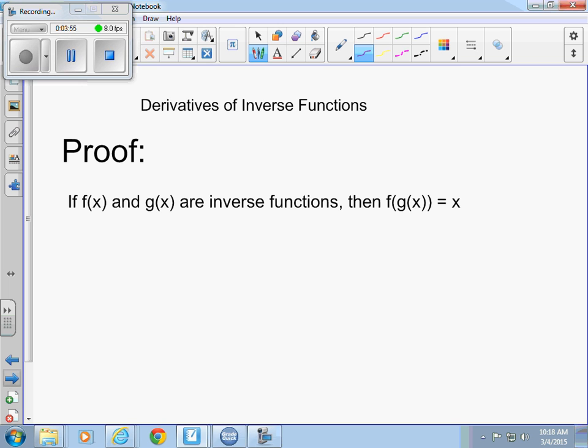This is the proof. It's not something you'll have to repeat, but it's good to know. If f of x and g of x are truly inverses, then wouldn't you agree that f of g of x is just x? They undo each other. That's what inverses do. So I'm going to implicitly differentiate f of g of x.